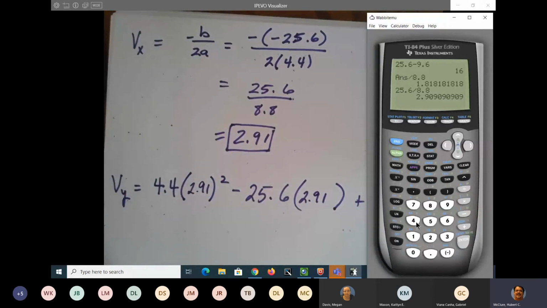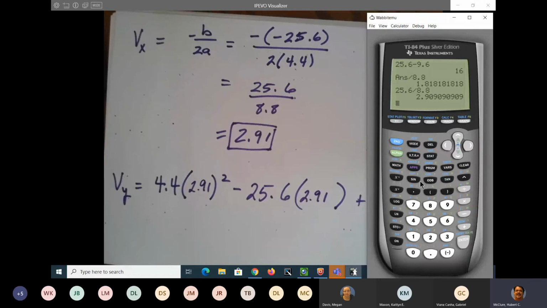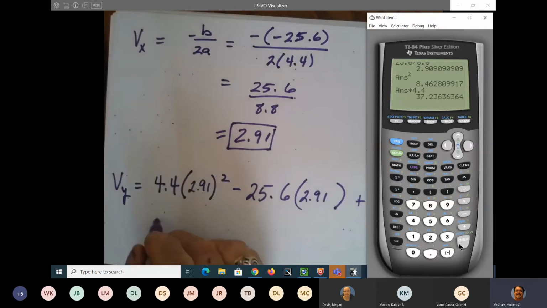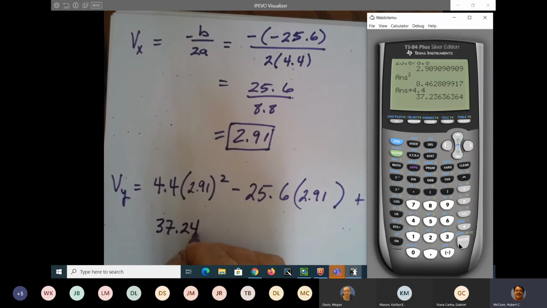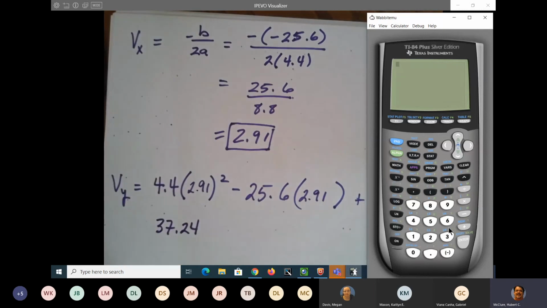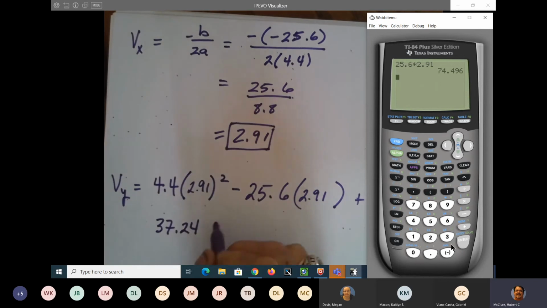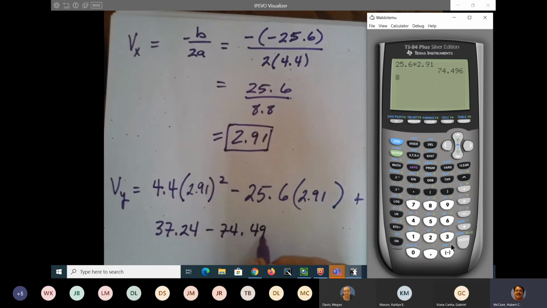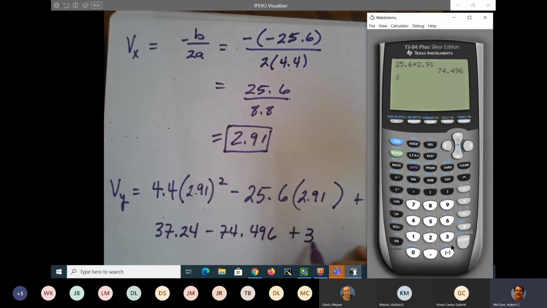So 2.91 squared times 4.4, I get 37.24, and then 25.6 times 2.91 is 74.496, plus 32.